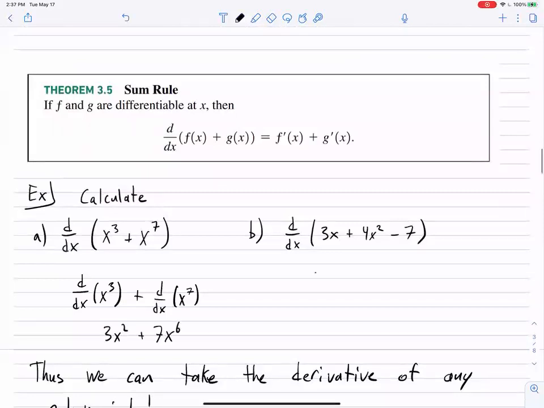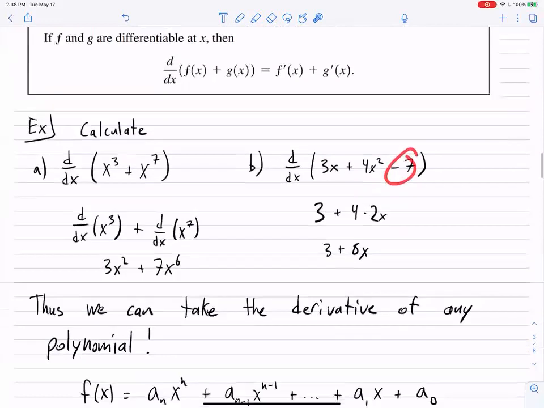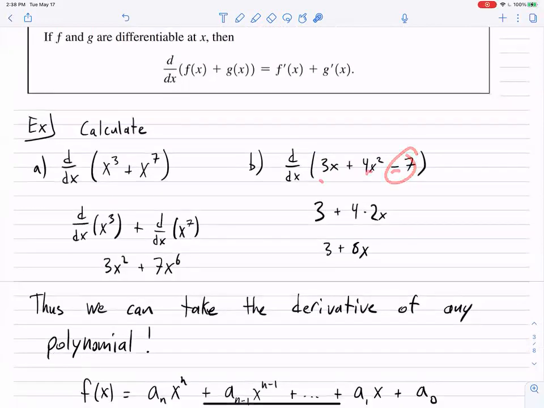And then doing the same thing here, this will be 3 plus, and then 4 times 2x to the 1, and then minus 0. And so this equals 3 plus 8x. Because the derivative of that is 3, the derivative of that is 8x, and the derivative of that is 0. And so just breaking it up and taking the derivative of each piece.